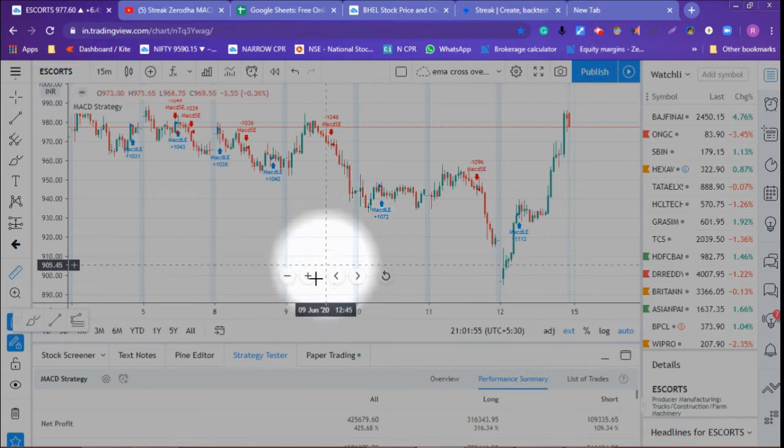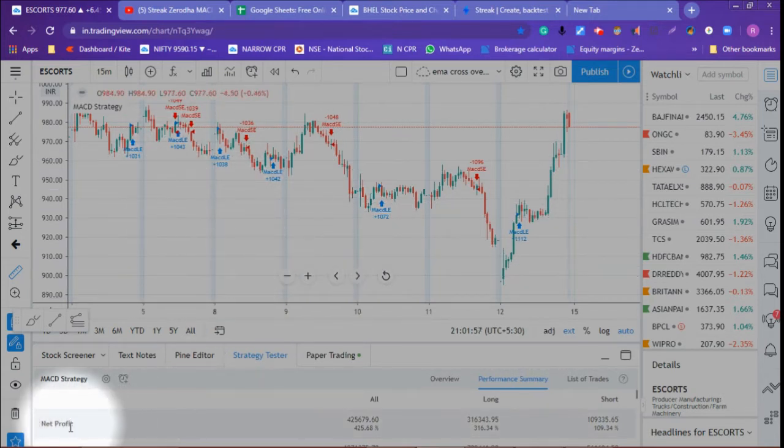For example, in this particular chart, the MACD strategy gives a very good profit. The profit shown here is 425%, of which when you go long it would have given 316%, and when you would have gone short it would have given 109%.